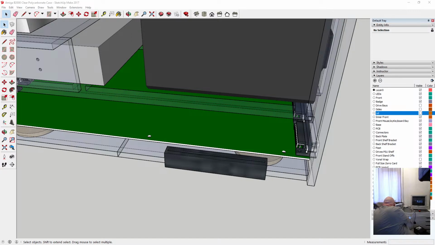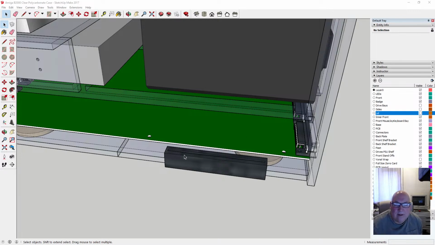Luckily, it looks like it's 106 mil. But there are two slots, so I think I'll do them separately. Yeah, two slots. So it's 53. The slots are 53 long.